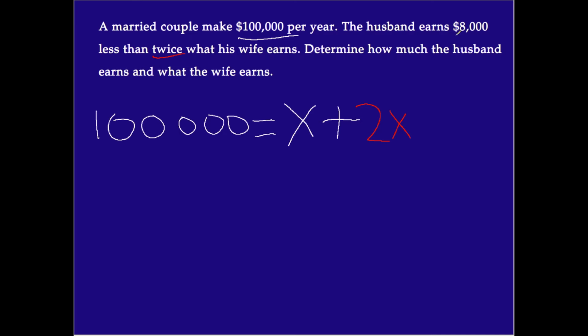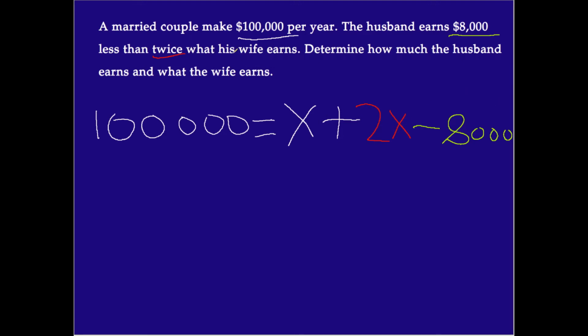So we need to subtract this 8,000 right here. So this is what we got: 100,000 equals x plus 2x minus 8,000.